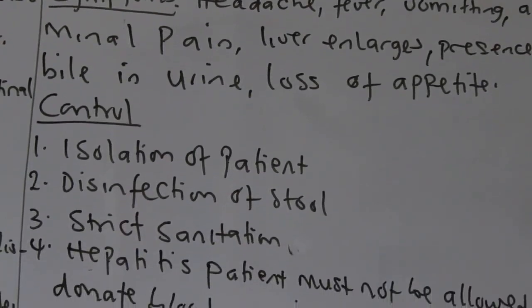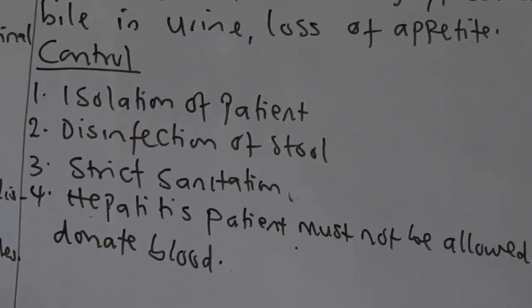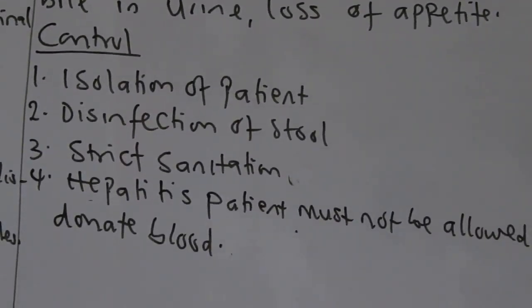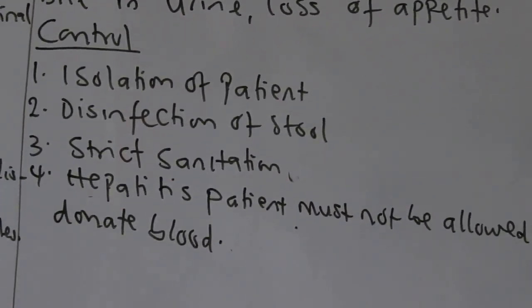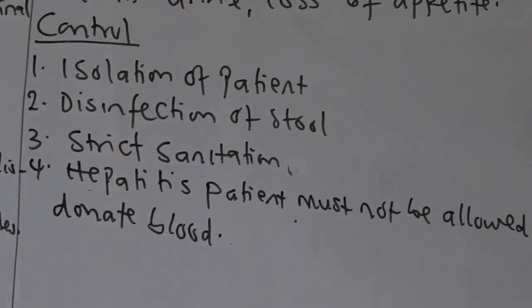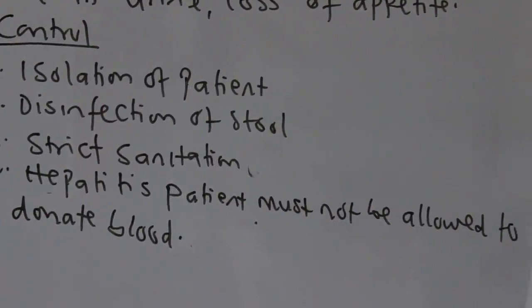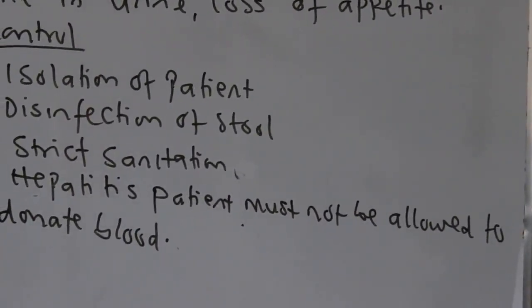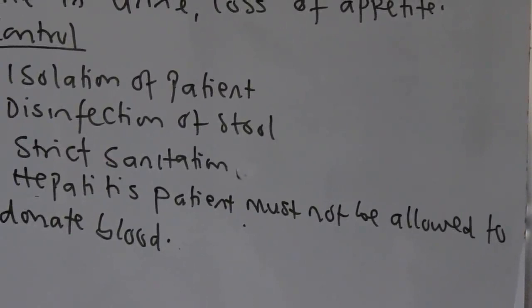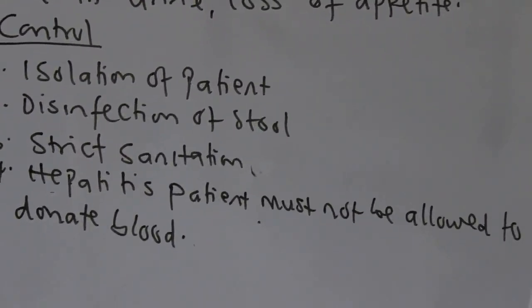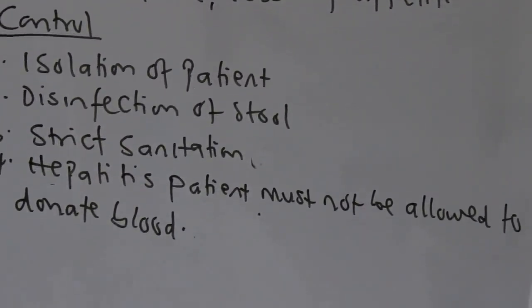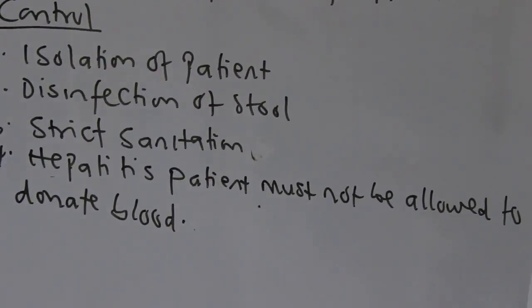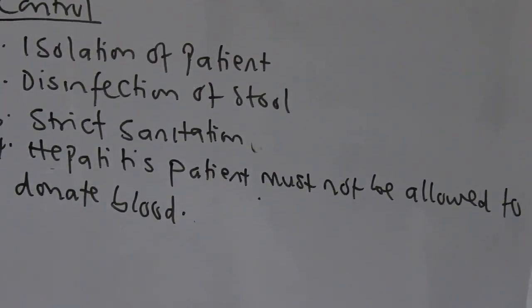That's the next. How do we control this infective hepatitis? The first one there is isolation of patients. People that are already showing the symptoms, if an individual begins to manifest the symptoms of infective hepatitis, the next thing to do is to isolate, take out that individual from the population so that other members of the population are not infected. And then we also have disinfection of stool.